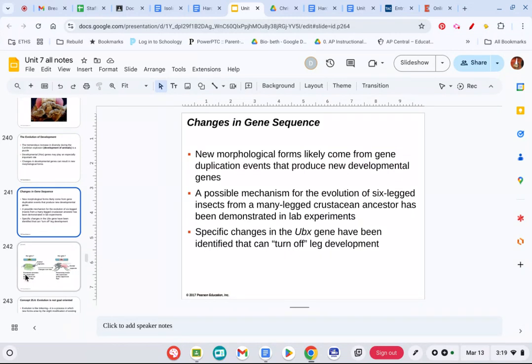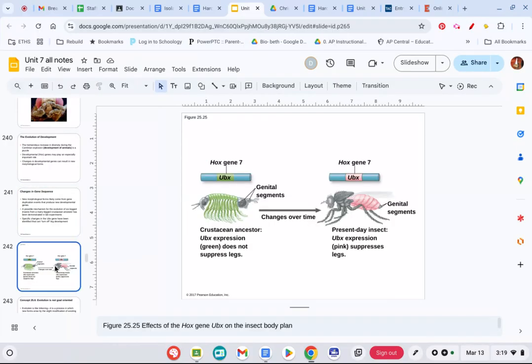So, for example, I've got this little guy, this crustacean, that has all sorts of limbs, probably not the most efficient, not the most necessary.